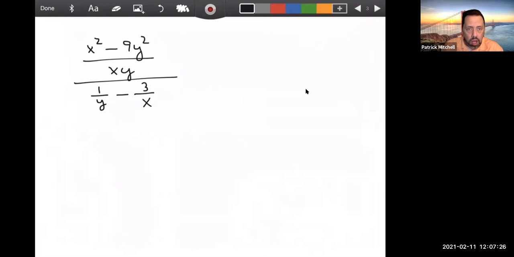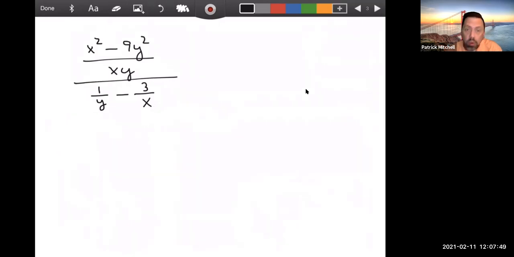Okay. So the reason this is a good example for method 1 is that the numerator is already a single fraction. So all we have to do is make the denominator a single fraction. So we're going to take this thing right here and combine it into one fraction, just like we did in section 7.4.